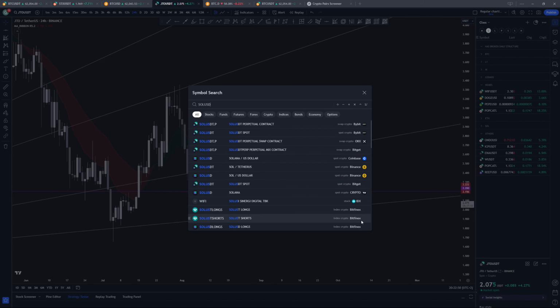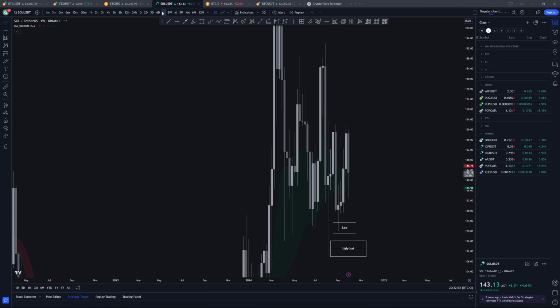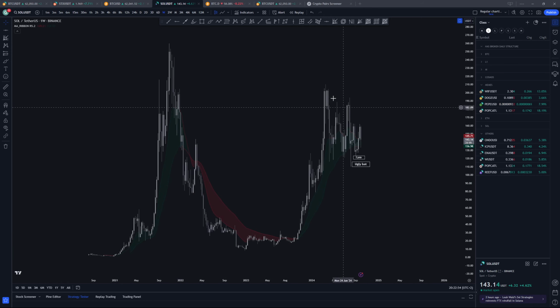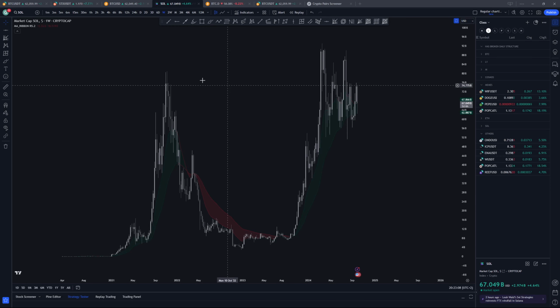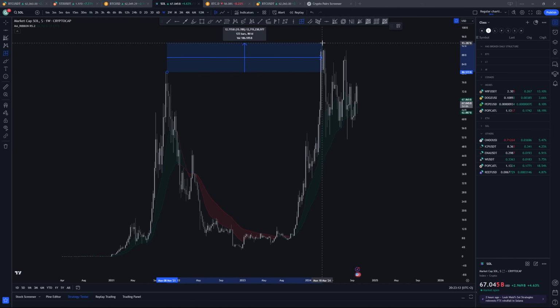So if I go on Sol USDT on a weekly, we are right over here, right? We are 20% away from the all-time high, which was our peak. We are currently 45% away from all-time high. Now if I go to the Sol market cap, our all-time high was actually higher than the old one.